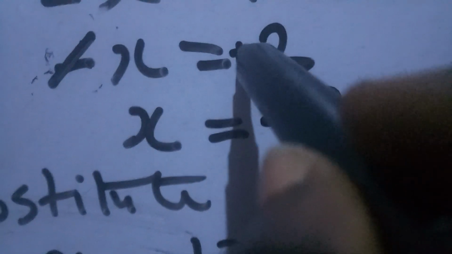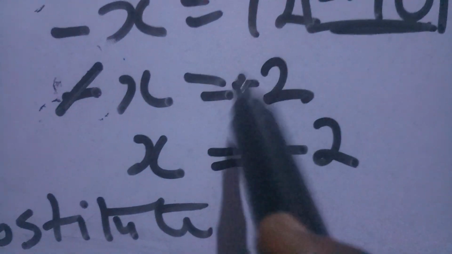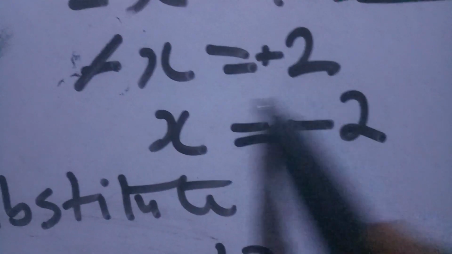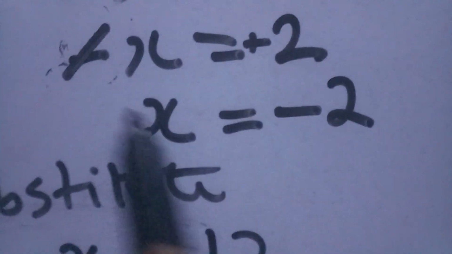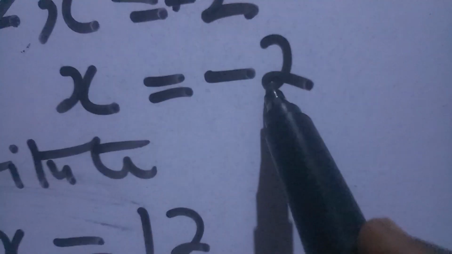But if it's carrying negative, it doesn't work like that. Just remove your negative, add it to your result. That's minus. Your x is minus 2.